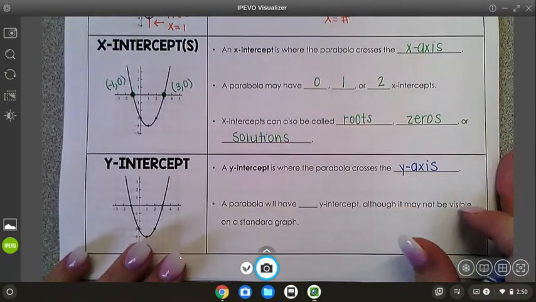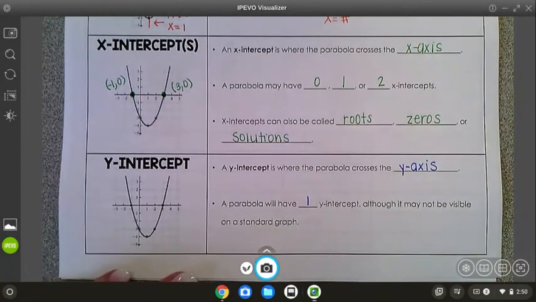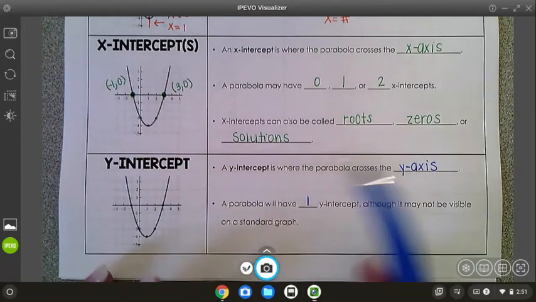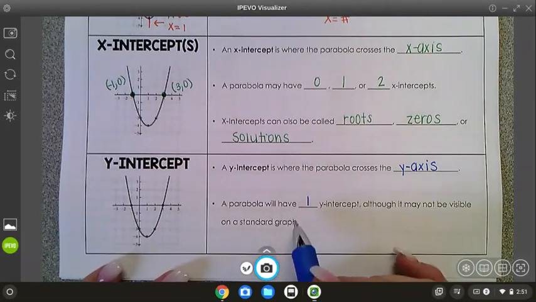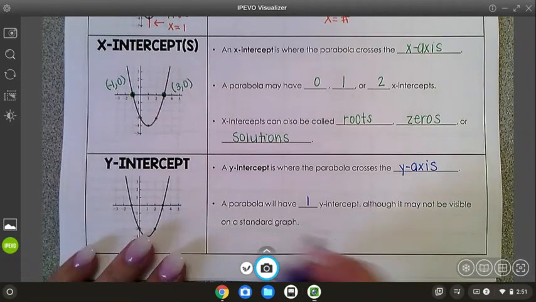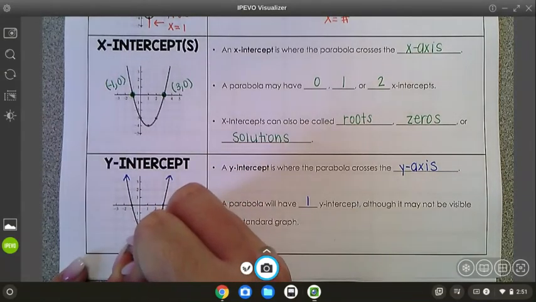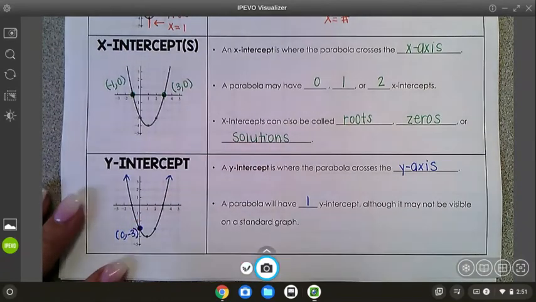A parabola will always have a y-intercept. It will have one y-intercept, but sometimes, just depending on the graph, it may not look like it. Because if the y-intercept is at like positive 100, your graphs generally that we work with don't go up that high. So it may look like there's not one, but there actually will be because these lines go up forever and they're slanted. But in this case, here is my y-intercept. That is the point 0, -3.